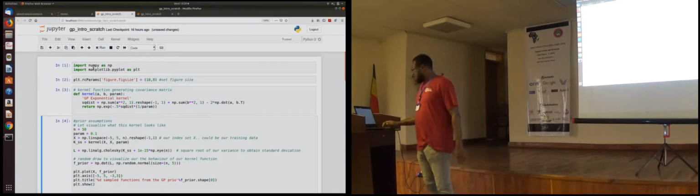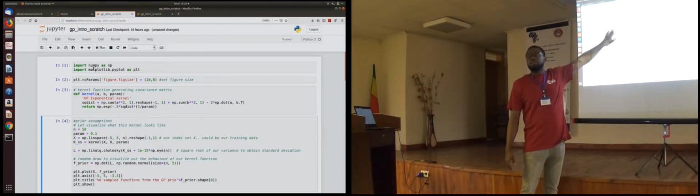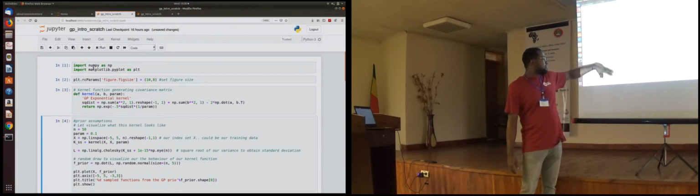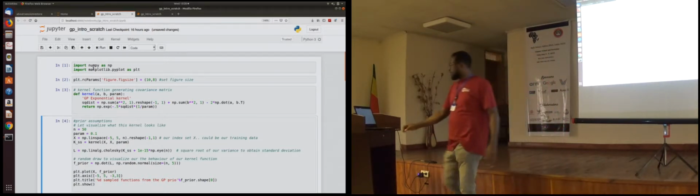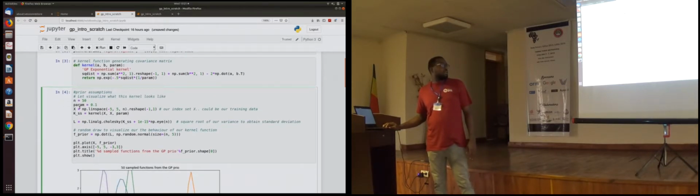Now, like I said, I would like to visualize what this kernel looks like. So I basically generated 50 points. Our parameter for this function I set to 0.1, and we set the index set x to range from -5 to 5, and there are 50 of them.